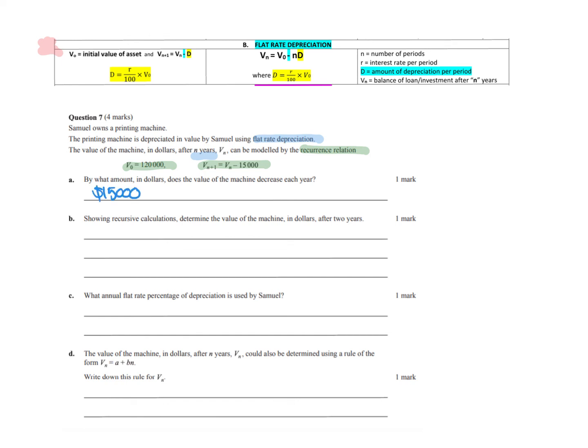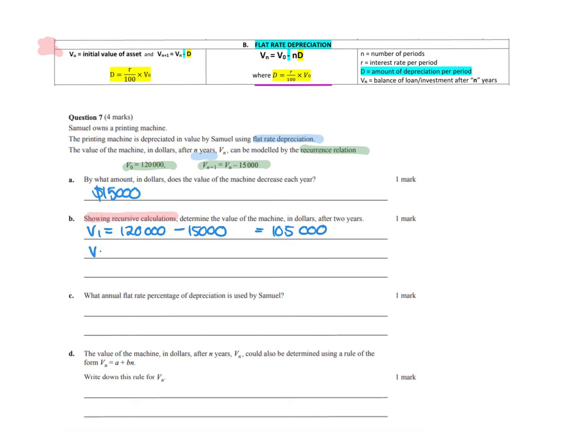Showing, so can you see here, this is what I'm talking about when it says showing recursive calculations. That's what we've been doing in all our examples. Determine the value of the machine after 2 years. So you had to show that V1 equals 120,000 minus 15,000, so it equals 105,000.